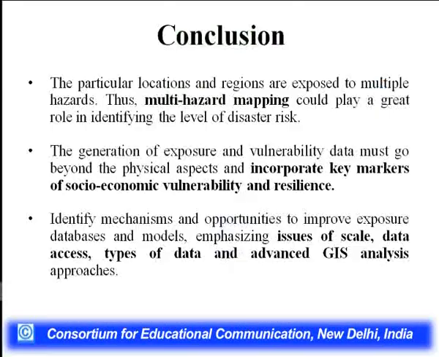So I would like to conclude now that particular locations and regions are exposed to multiple hazards, like Kohima. I give an example, like Delhi. We are exposed to flood, we are exposed to earthquake also.